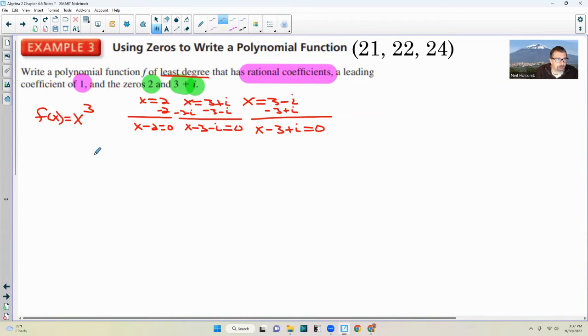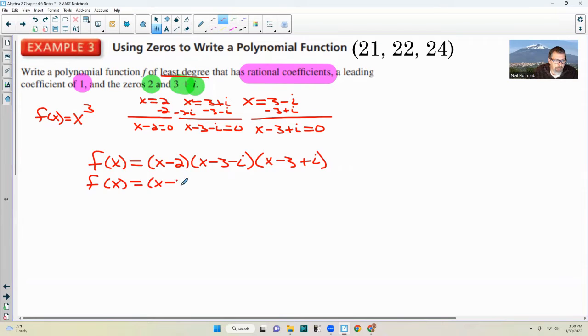So now I'm going to write f of x equals (x minus 2)(x minus 3 minus i)(x minus 3 plus i). Okay, and what I'm going to do now is rearrange my parentheses. So this is the same as saying f of x equals x minus 2.